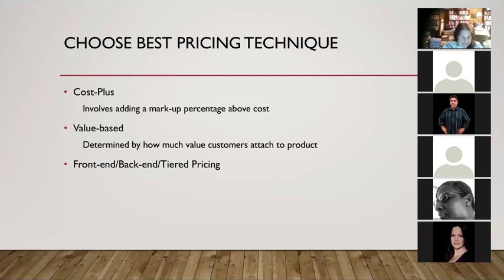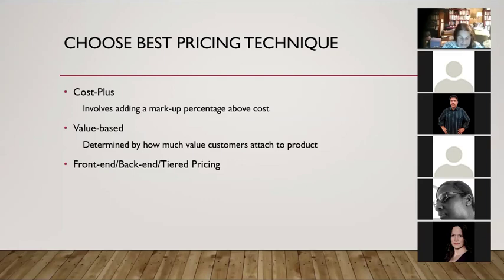Okay, there's cost plus. What you do is this basically involves adding a markup percentage above your cost. And again, you need to know your total cost. So you're going to take a markup percentage and put it above your cost.